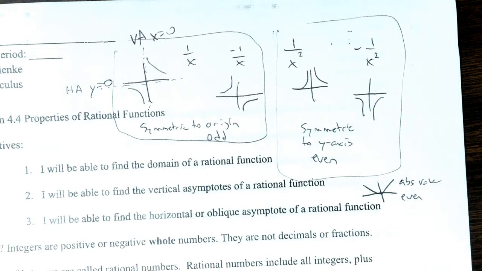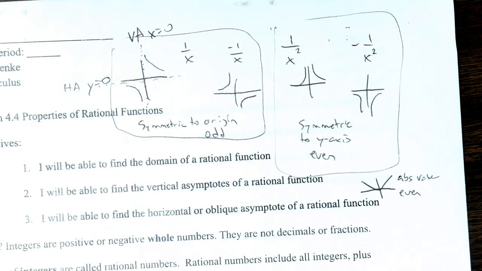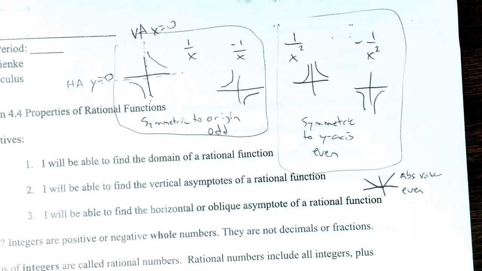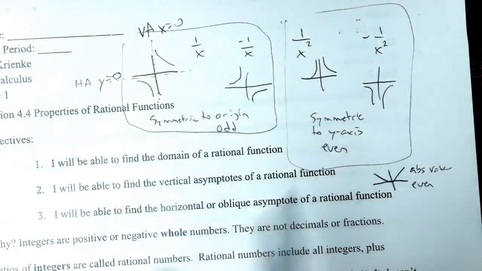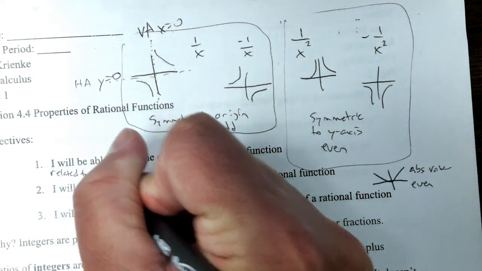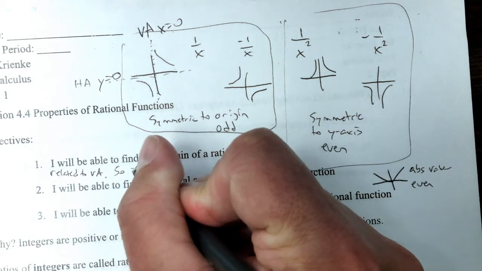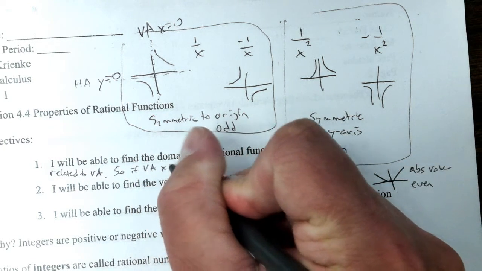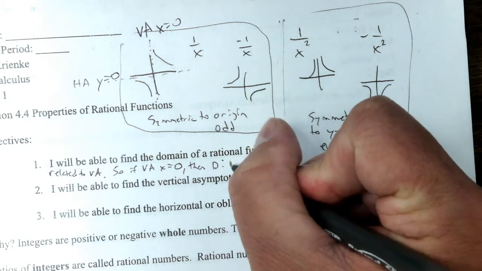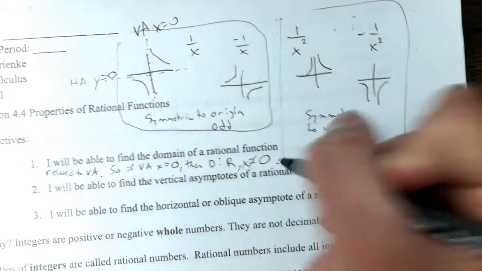Okay. So your objective is to be able to find the domain of a rational function. What you'll notice is that the domain is going to be related to the vertical asymptote. So if you have a vertical asymptote at x equals 0, then the domain is going to be all reals, x not 0.